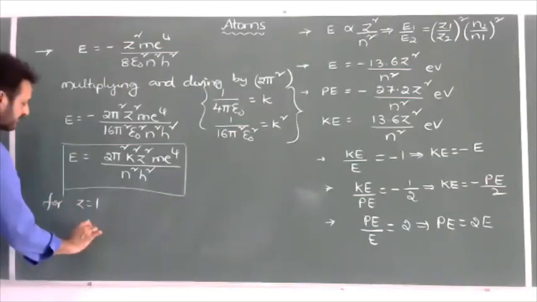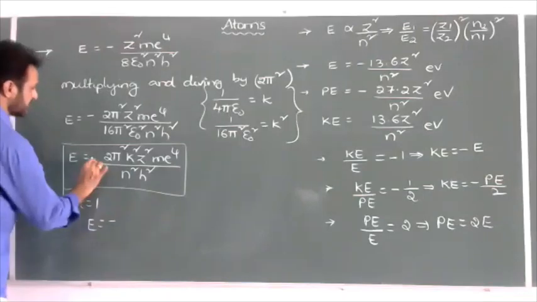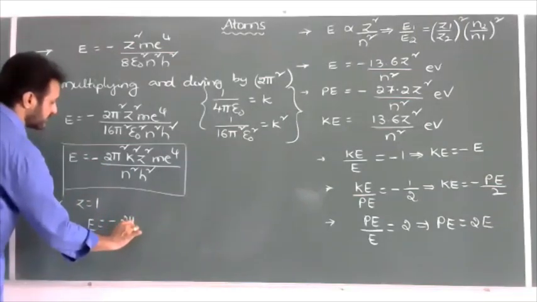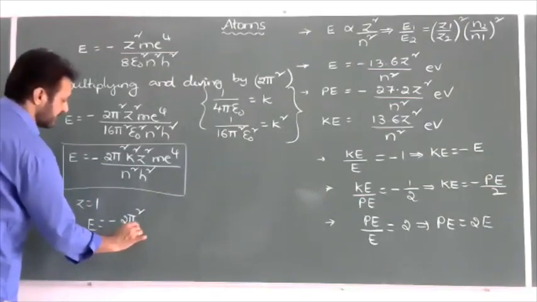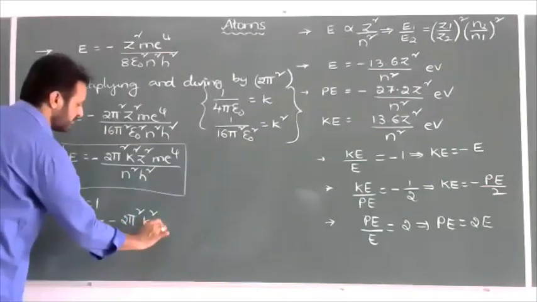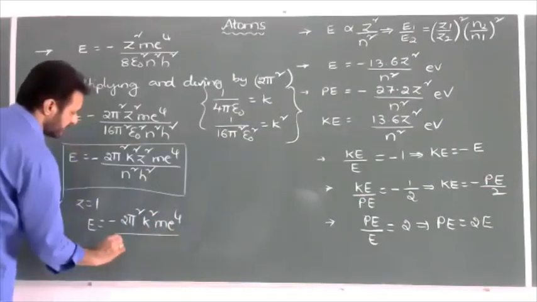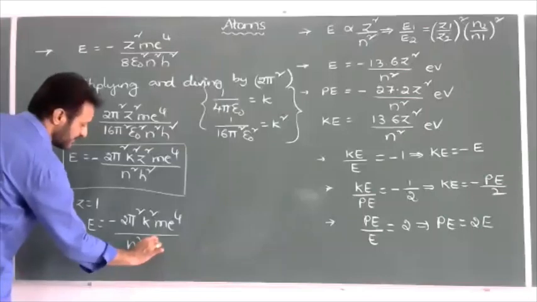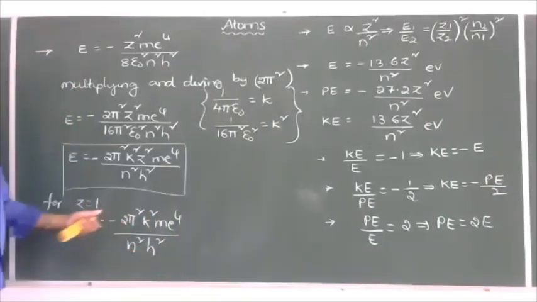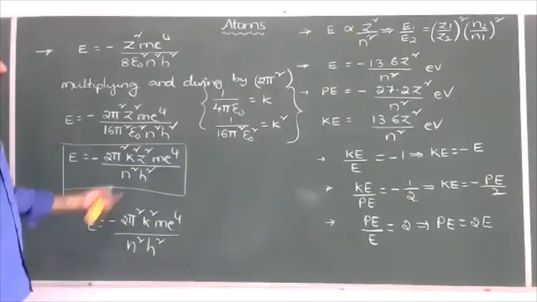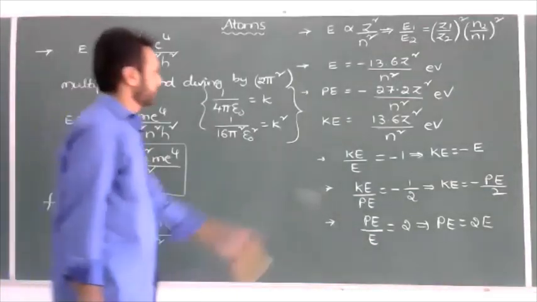For Z is equal to 1, E is equal to minus 2 pi square into k square into m e power 4 by n square h square, you should write. Only for a hydrogen atom; and for any atom, you should write the general formula.